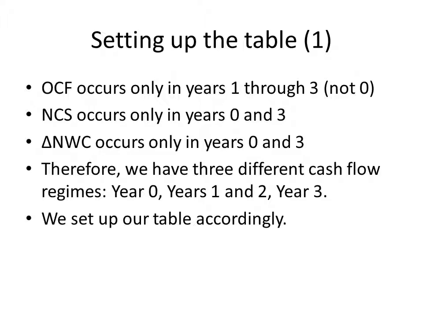Now we're going to start setting up the table that's going to allow us to calculate cash flow from assets. But let's talk through first what happens with these cash flows. First of all, operating cash flow occurs only in years 1 through 3, not in year 0. Remember that in finance, the time that we give, whether it be 0, 1, 2, or 3, is the end of that period.